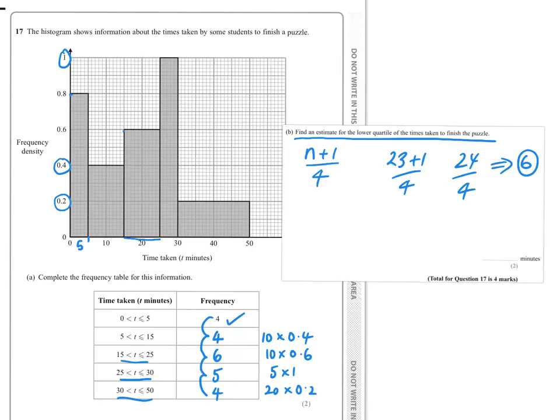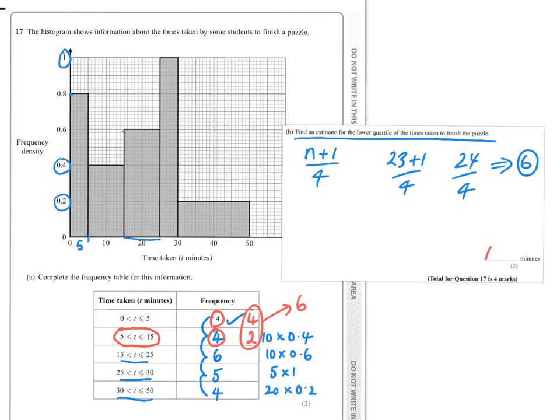And if we look carefully, cumulatively, we've gone 4 so far if we take the first interval, and we want to go to the 6th one, so we want to go halfway from here to make a total of 6 altogether. And halfway between 5 and 15, well, 5 and 15 is 20, halved is 10.